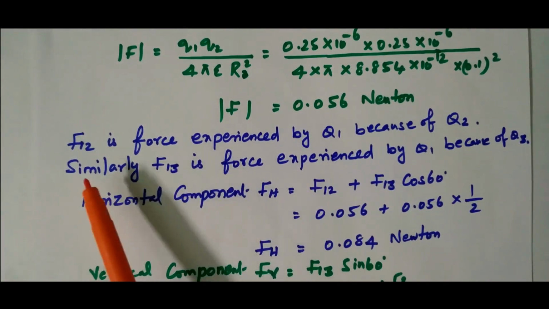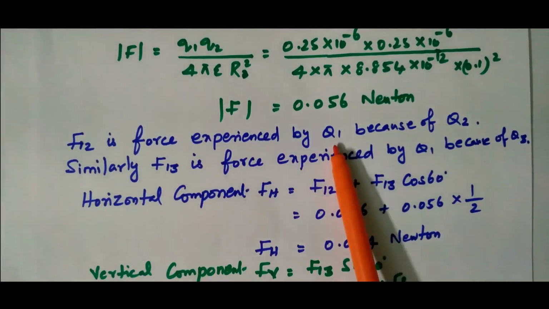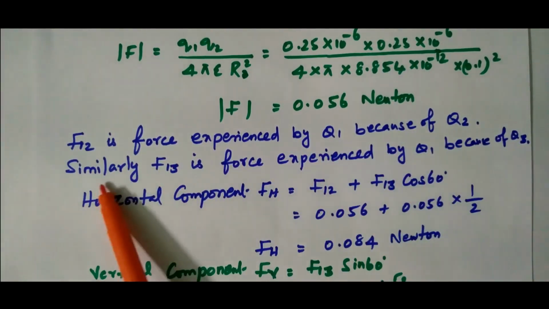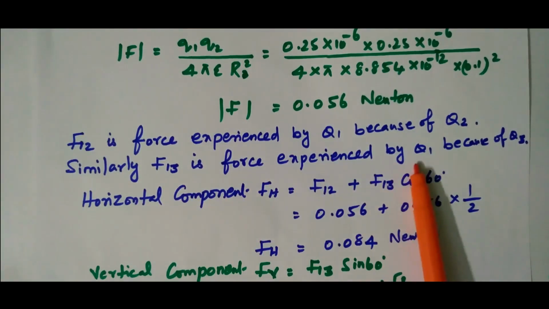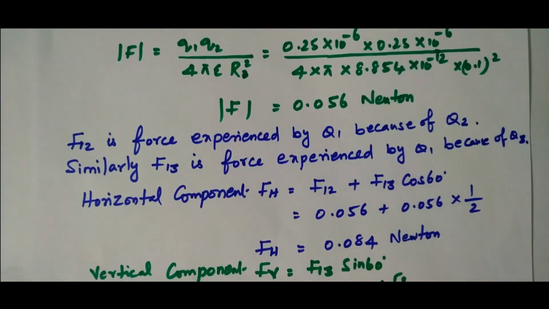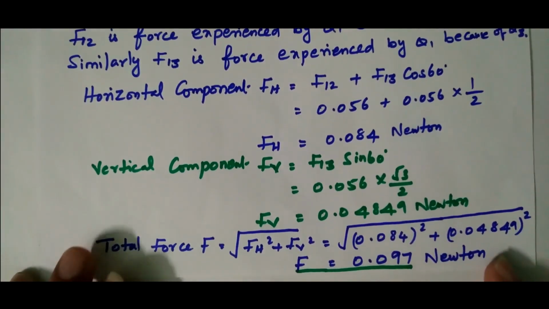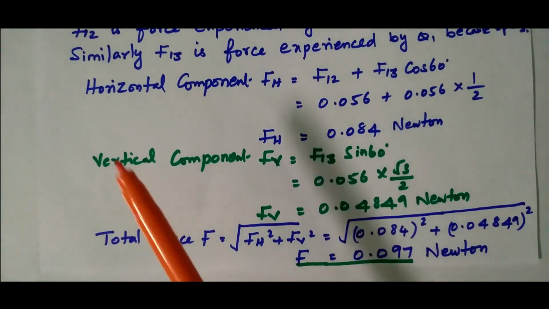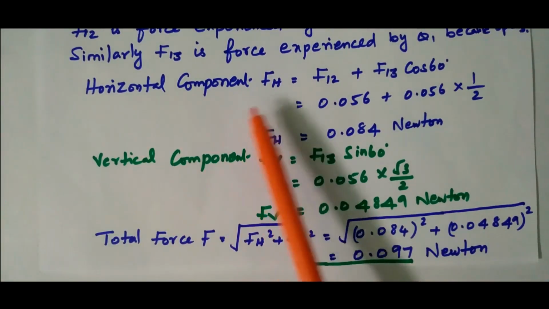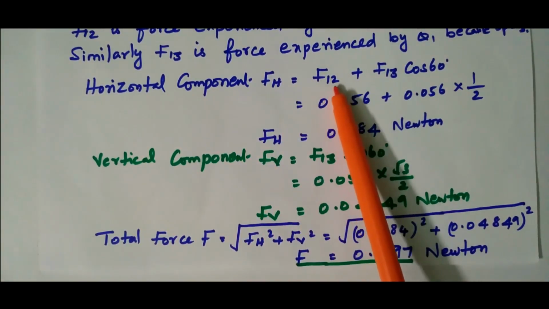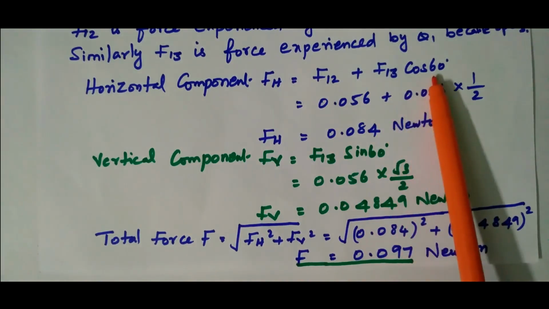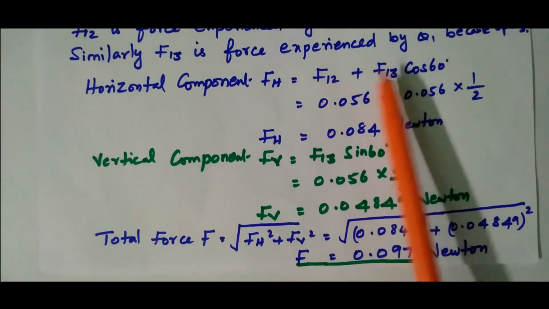F12 is the force experienced by Q1 because of Q2. F13 is the force experienced by Q1 because of Q3. That we already discussed. Now we'll see the horizontal component. There are two horizontal components, F12 plus F13 cos theta. F12 and F13 both are equal.